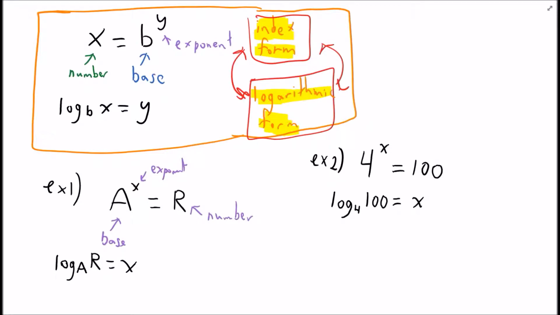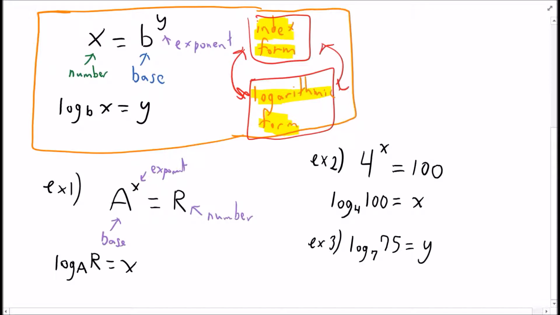Let's do one more like that, but we're going to switch it from the other form. So I'll write logarithmic form, and we'll switch it back into index form. So the log base 7 of 75 equals y.